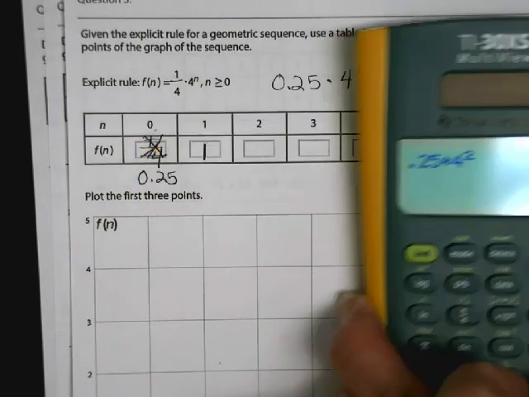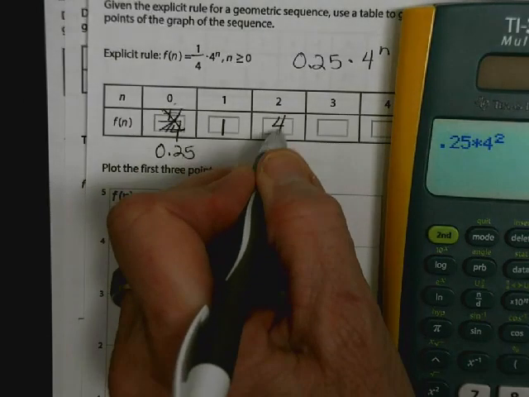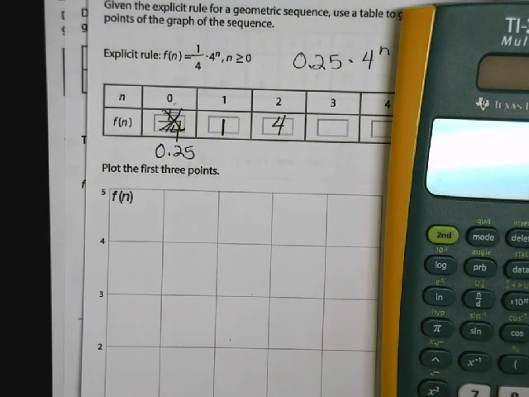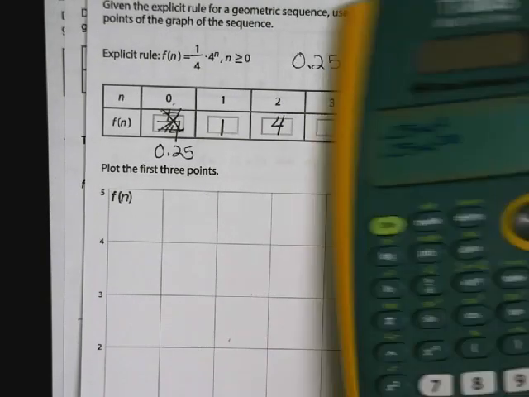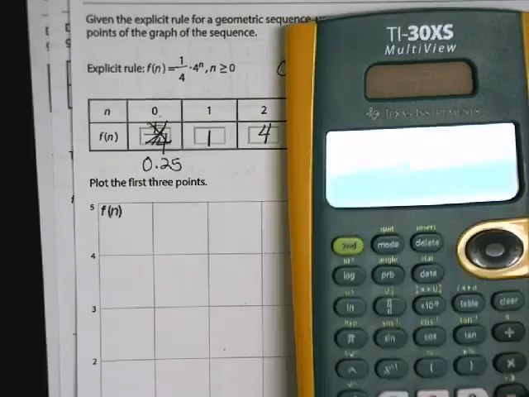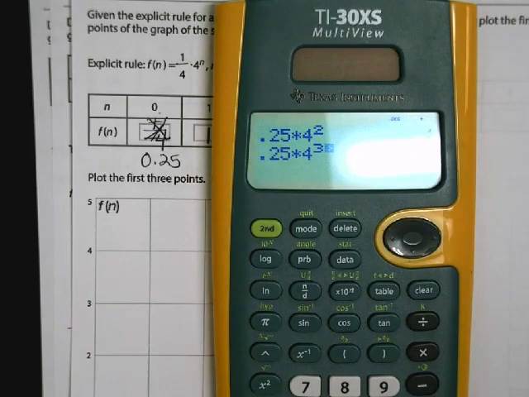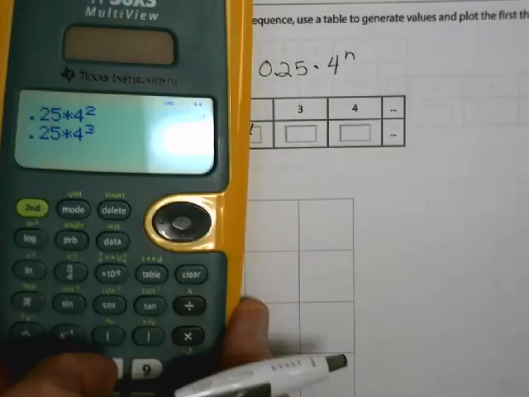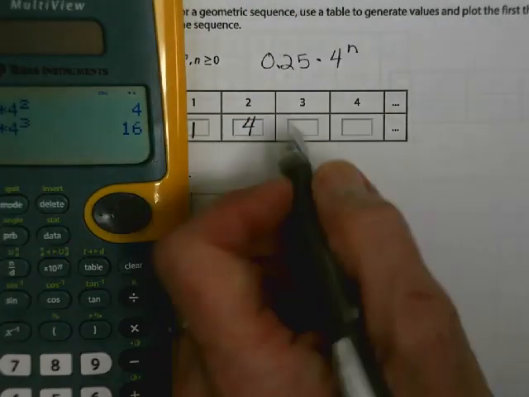You know how to put that in your calculator? Raise your hand if you need support. Like that. I got a 4 out. Okay. And then just grab it and put in the third power.